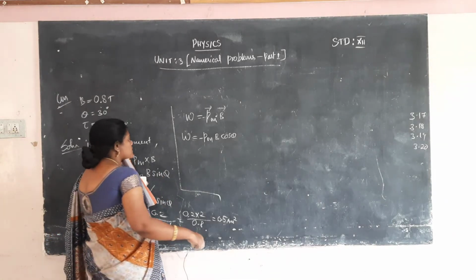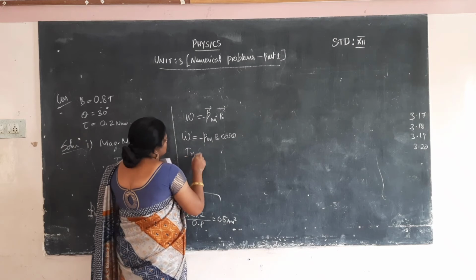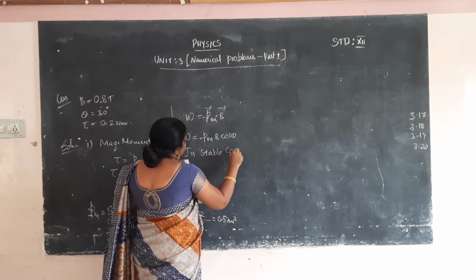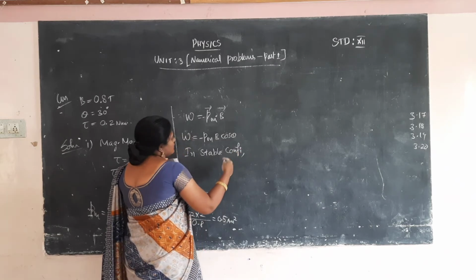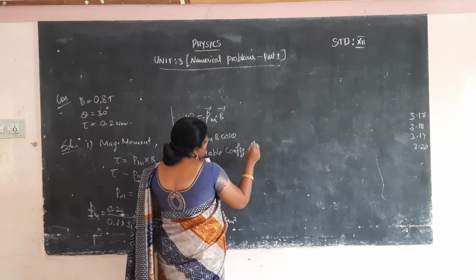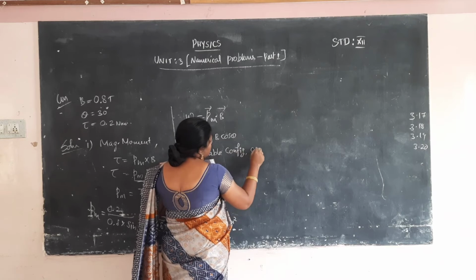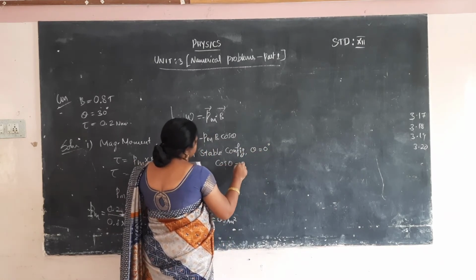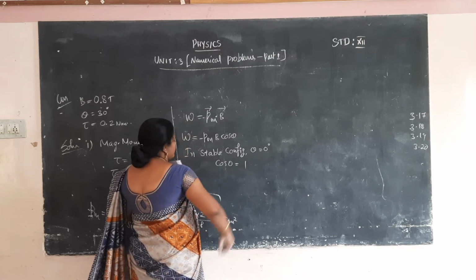So in the stable configuration, theta value is 0. So cos 0 is 1. Okay.